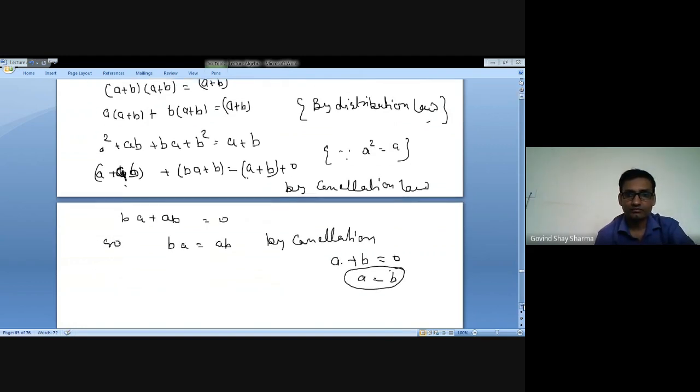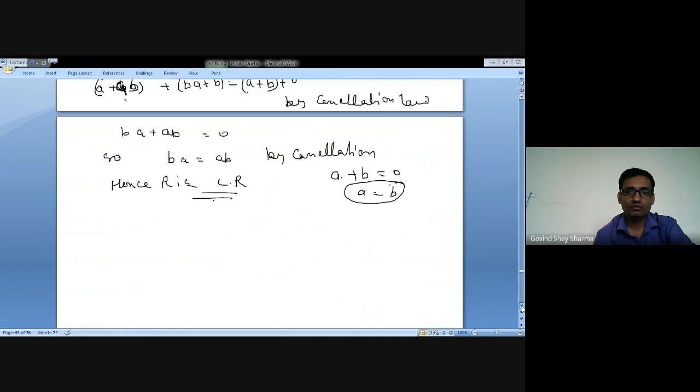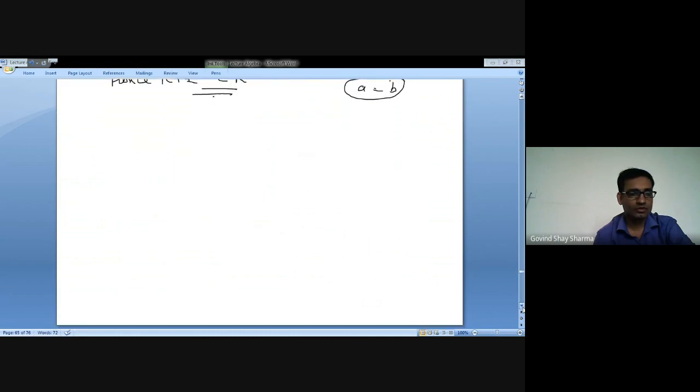Now we come to the ring with zero divisor.